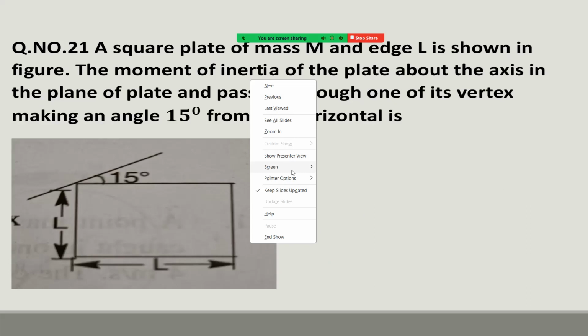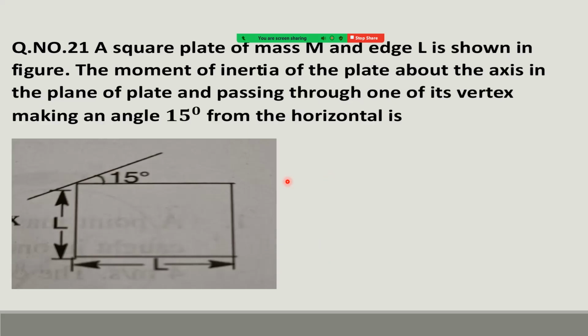Right, see the question given. A square plate of mass M and edge L is shown in figure. The moment of inertia of the plate about the axis in the plane of the plate and passing through one of its vertex, making an angle 15 degree from the horizontal, is.